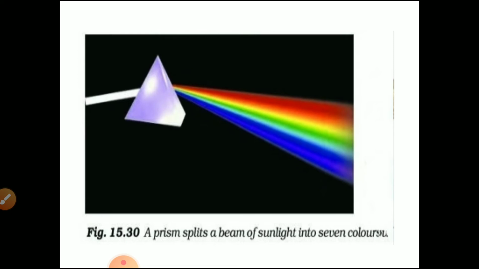Do you see colors similar to those in a rainbow? You can see here in figure 15.30 that a prism splits a beam of sunlight into 7 colors.